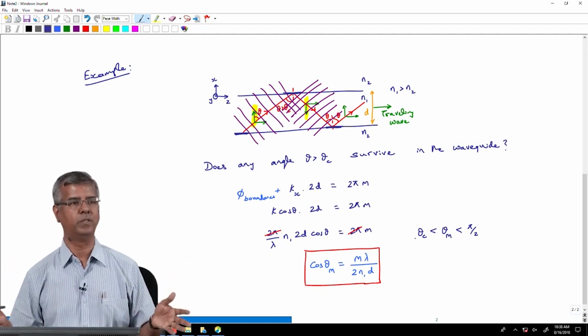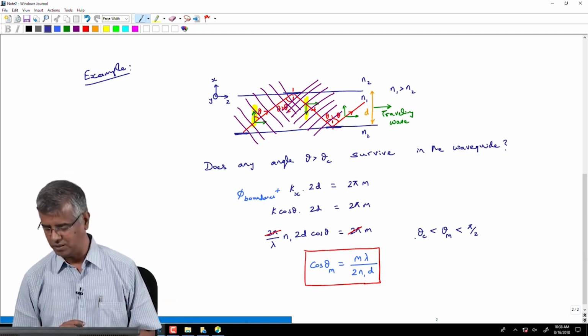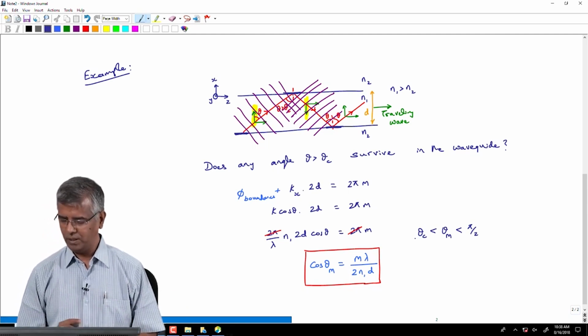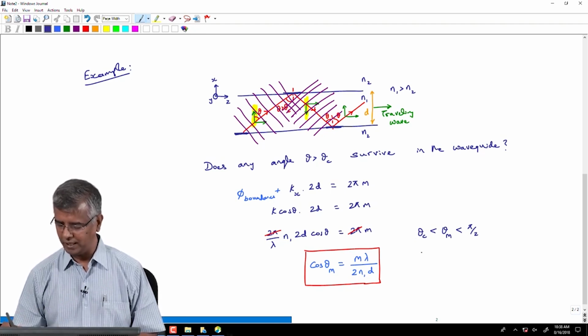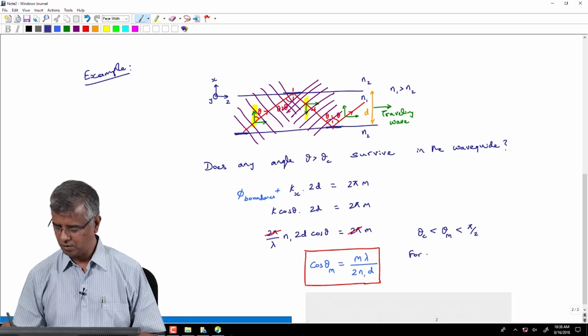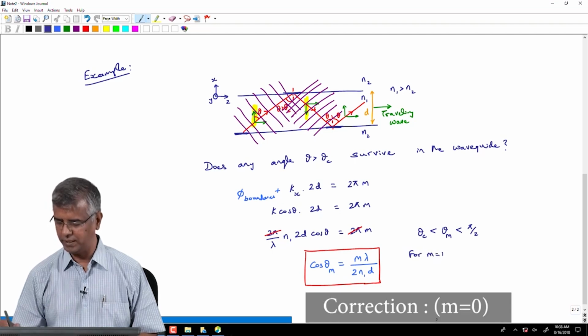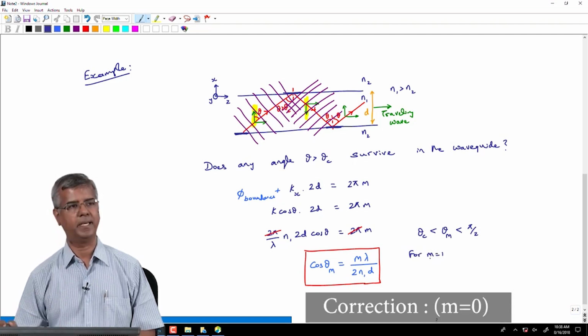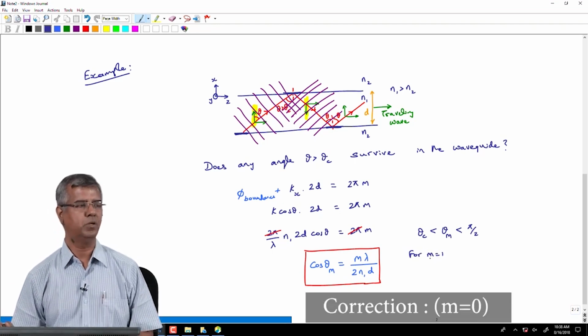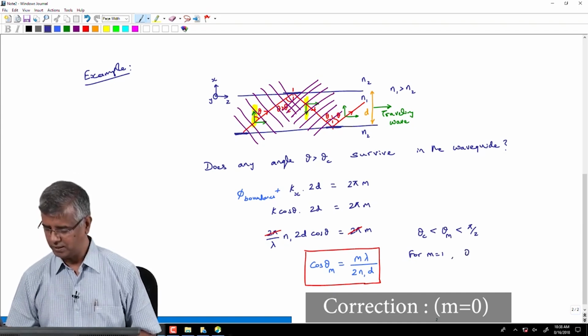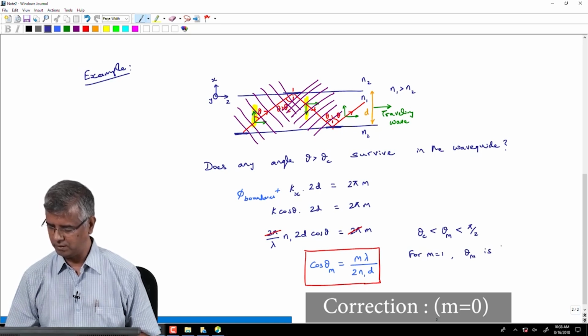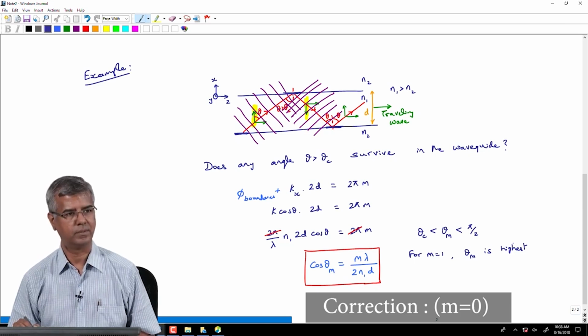So, theta m is bounded within these values, and if we look specifically at m equal to 1, cos theta m has to be the lowest value, or in other words theta m is highest, right.